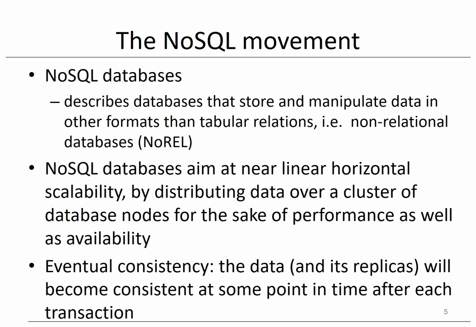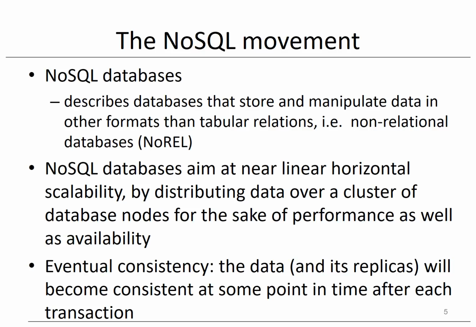The term NoSQL has become incredibly overloaded throughout the past decade, so that the moniker now relates to a variety of meanings and systems. The modern NoSQL movement describes databases that store and manipulate data in other formats than tabular relations, or in other words, non-relational databases.